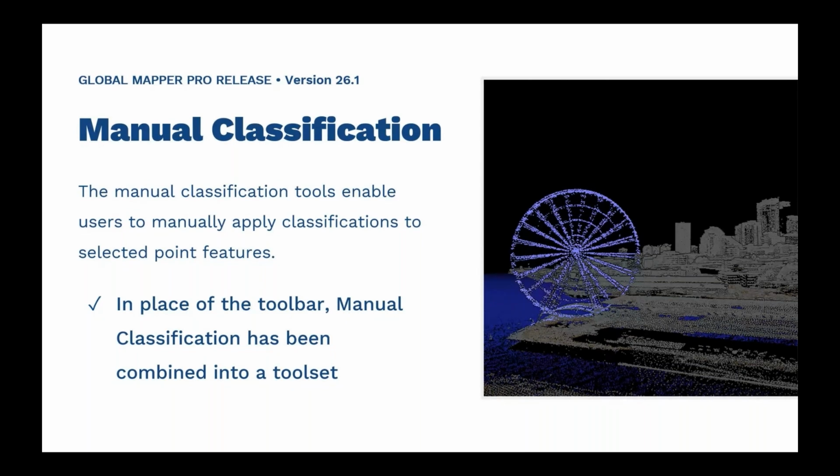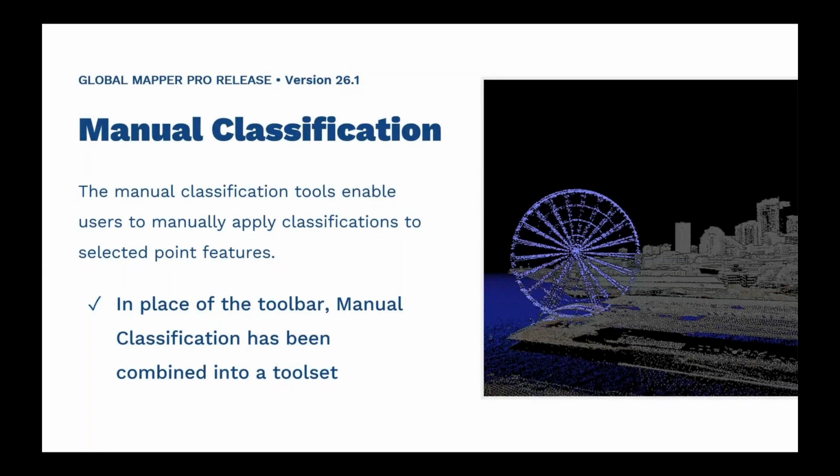While we would like everything to be automatic all the time, when it comes to classifying millions, if not billions of points, there is often a need for some fine tuning with manual classification, depending on how exactly you want your features classified, the type of features you're classifying, and the data that you're working with. Manual classification has been in Global Mapper for quite a while. It really is an essential tool for any type of classification, an aid to that automatic method.